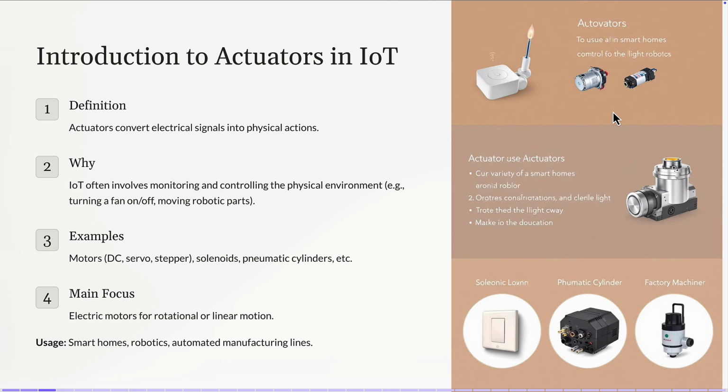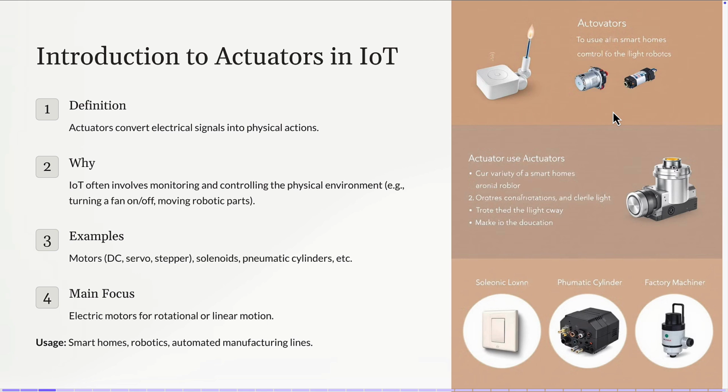For example, you may want to turn a fan on and off based on the temperature. Imagine that you have fans, and if the temperature goes high, you would like to rotate the fan. So we can use motors in this kind of situation, or if you want to move a robotic arm. To move a ground robot similar to this one, we have used DC motors, and there are other types of motors to move a robotic arm, which we call servo motors.